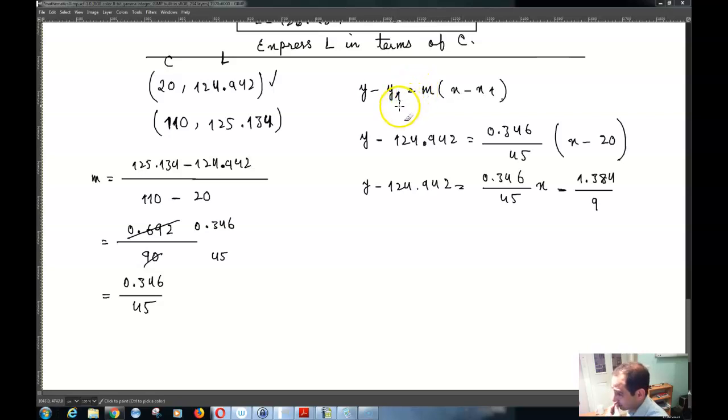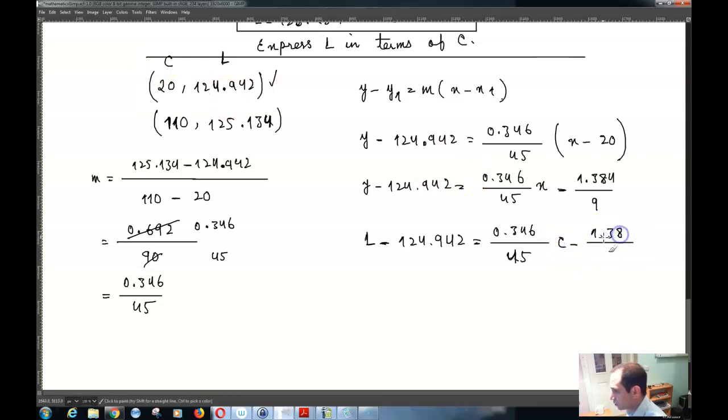Of course, instead of y you can write L, and instead of x you can write C, meaning that you can write L minus 124.942 is equal to 0.346 divided by 45 times C minus 1.384 divided by 9.